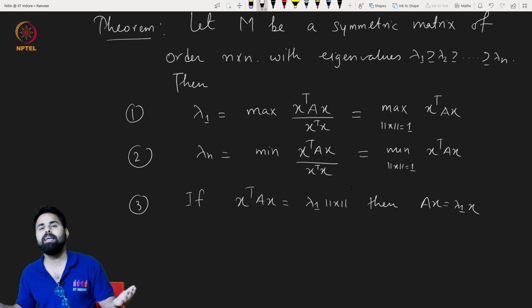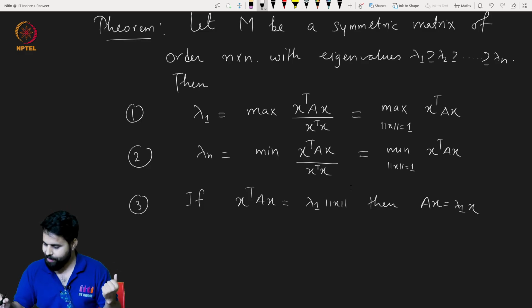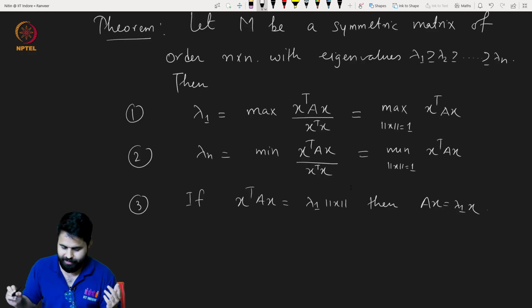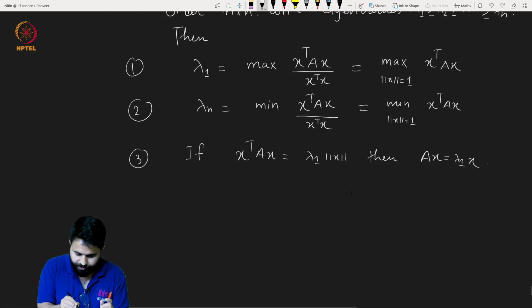Basically then x is the eigenvector corresponding to the largest eigenvalue. Okay, so let us try to prove these three neat facts.